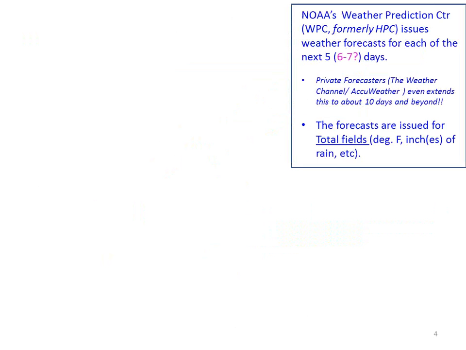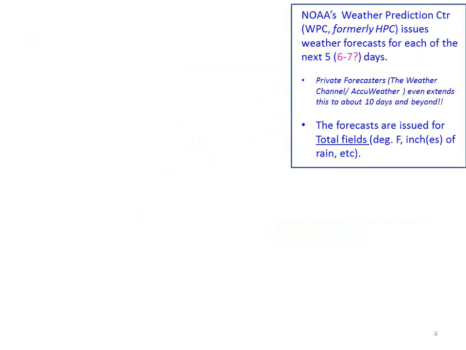So if you look at the daily weather forecast produced by the Weather Channel or the National Weather Service for the next many days, you will see temperatures for tomorrow or the day after tomorrow in terms of absolute numbers. For example, this I took from yesterday's website, and now you have the next 2 days, many days.